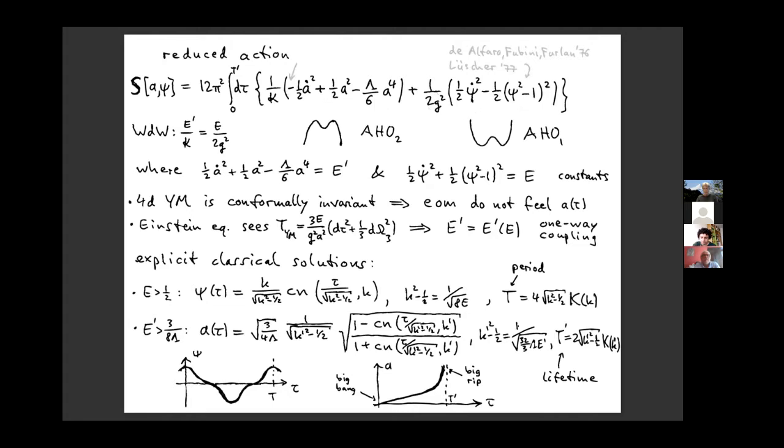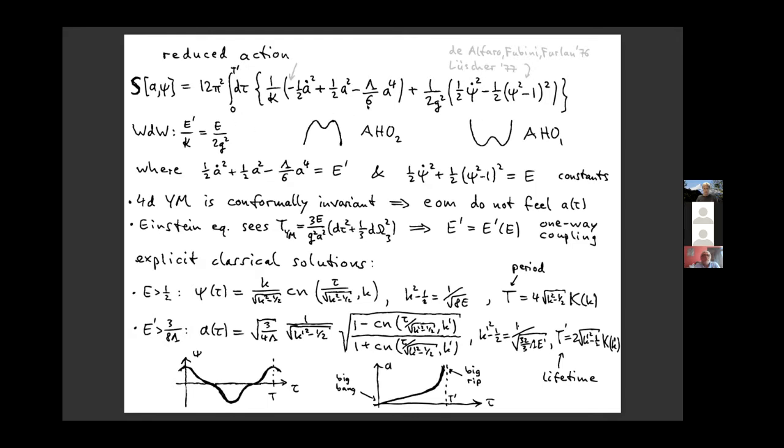But also the gauge field takes this form. This function psi is a mechanical problem with an anharmonic oscillator, but the gravitational part has it upside down. This was found in the 70s, essentially, by these people, but not much explored, it seems. T prime is the lifetime of the universe in conformal time.